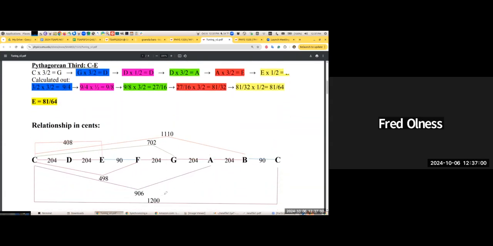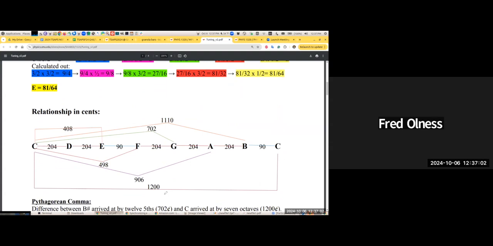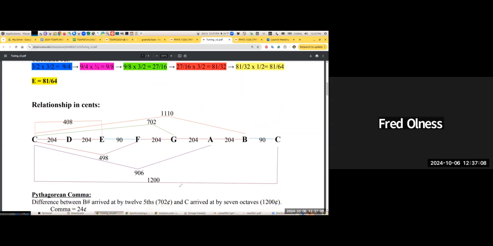Here is the relationship in cents, and on the fourth page of this, I have a comparison in cents. We can see here, there are 1,200 cents in an octave. So we go through the 12 chromatic steps, and each chromatic step evenly divided is going to be 100 cents, and 12 of those is 1,200 cents.